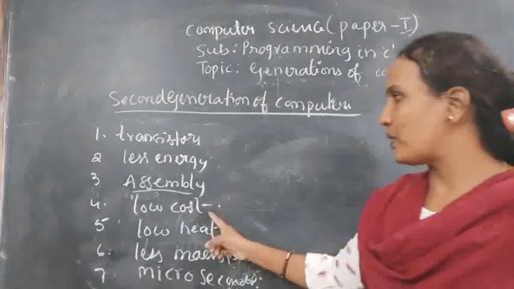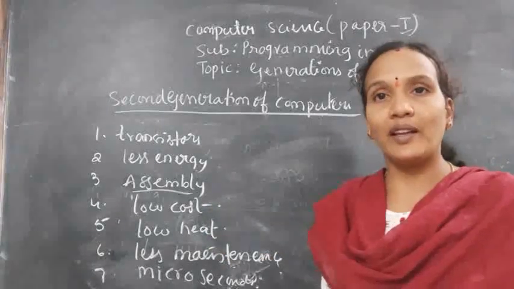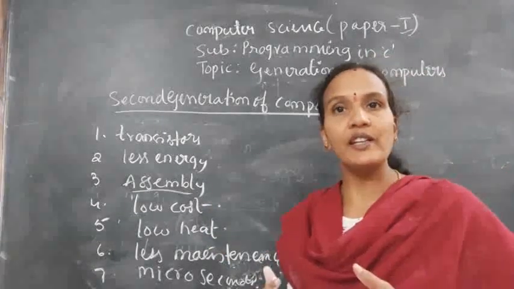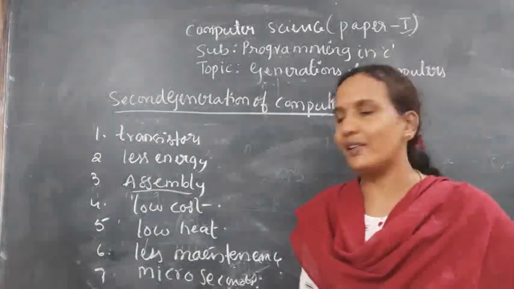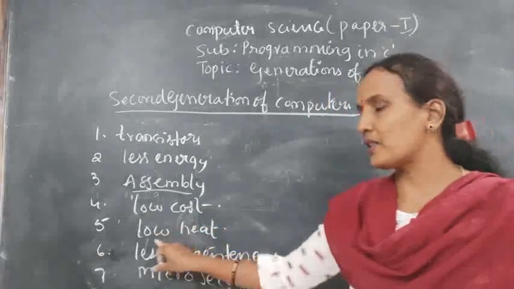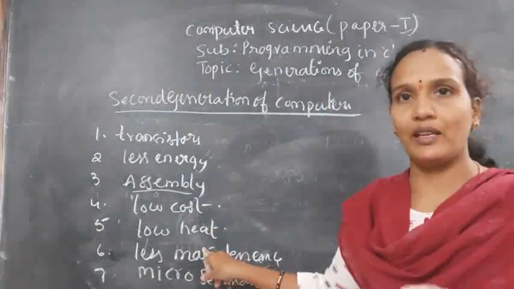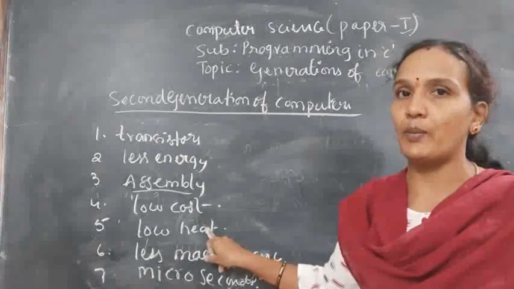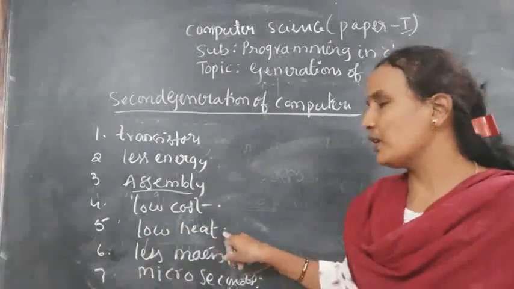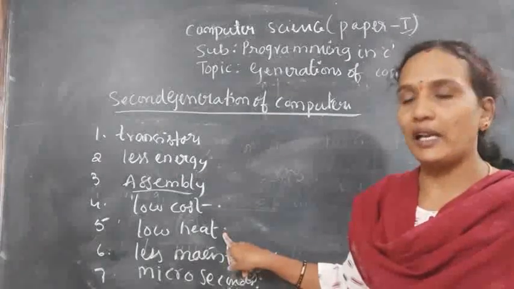The next one is low cost, because we are not using that many vacuum tubes, so obviously the cost of the system will come down. Because we use transistors, we need only a limited number of them, so they generate less heat.